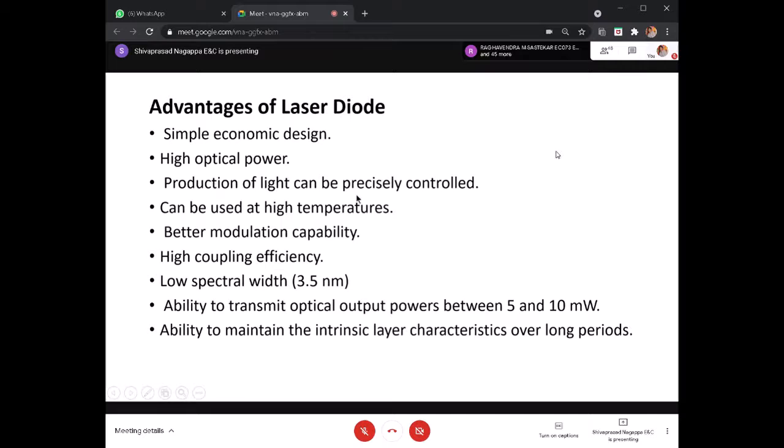Production of light can be precisely controlled. So whatever the emission of photons, that can be controlled precisely. How you can control it is all because of its stimulated emission. If I show the diagram later, you will come to know.